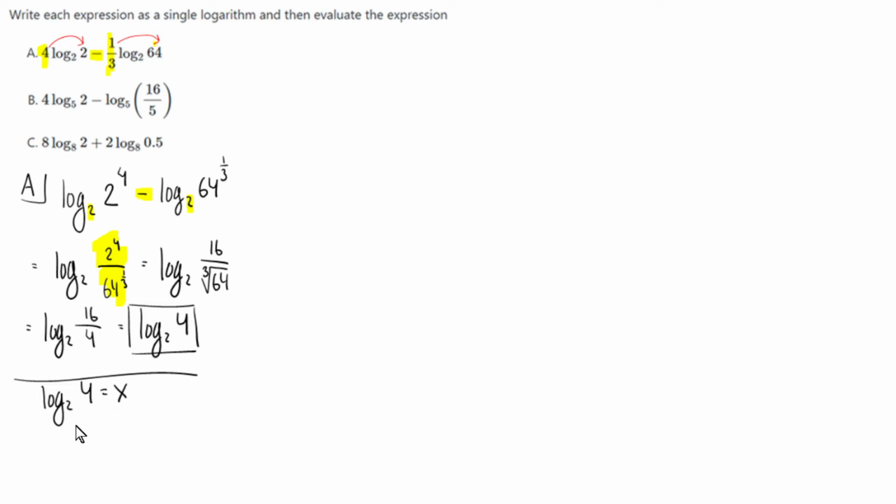Convert this to exponential form, so it's 2 to the power of x equals 4. Rewrite the right hand side so it has a base of 2, so 2 to the power of x equals 2 squared. Once the bases are the same, we can drop the bases and just write down the exponents, which says x equals 2.